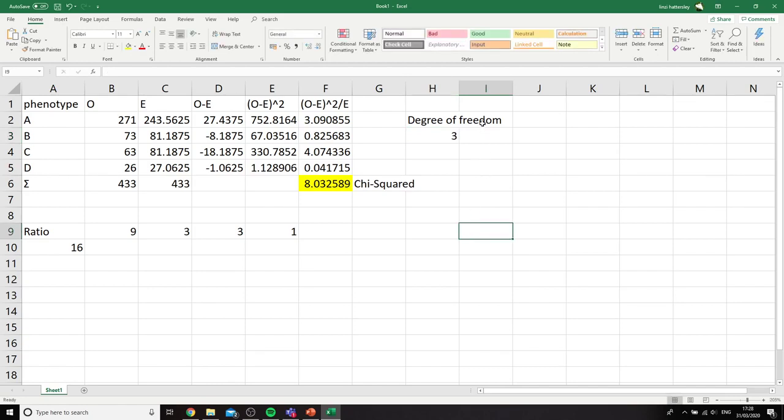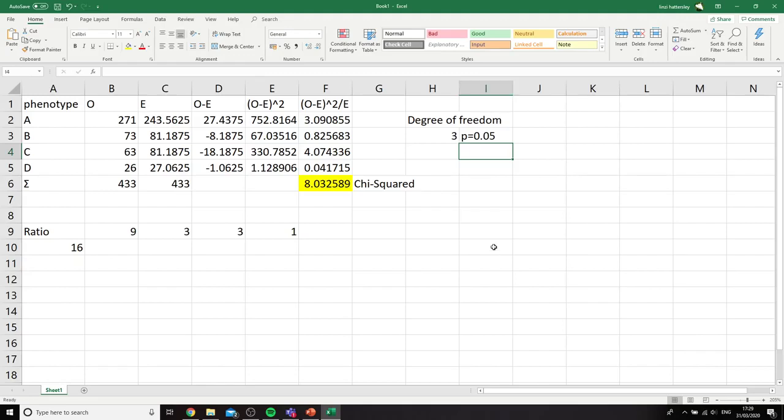Okay. The probability that we are correct, the probability that we're trying to find, is 0.05. So P equals 0.05. Okay.